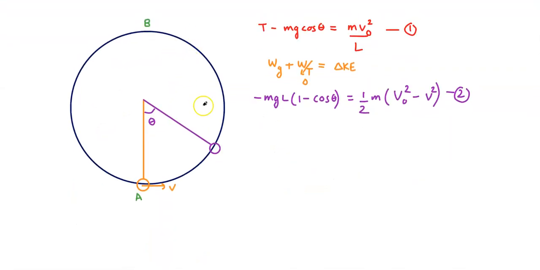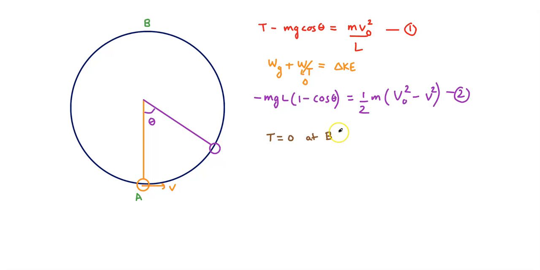Okay, what I'm saying is that for the bob to reach all the way to B from A, the tension at point B must be 0. Tension must be 0 at point B, and that will ensure, as we saw earlier, that even when the tension is 0, the bob is going to have a non-zero speed, and that speed is going to help it complete the rest of the circle, right?